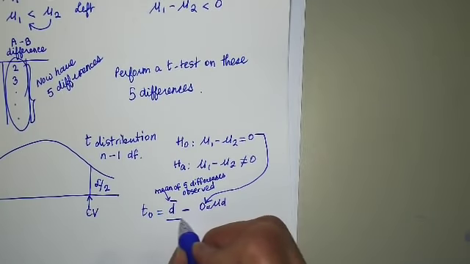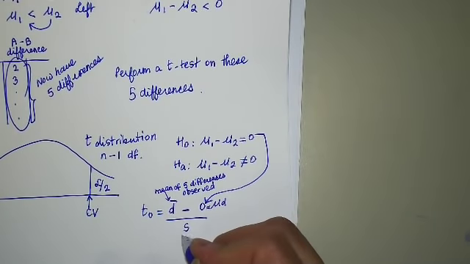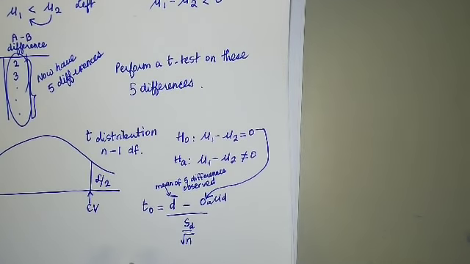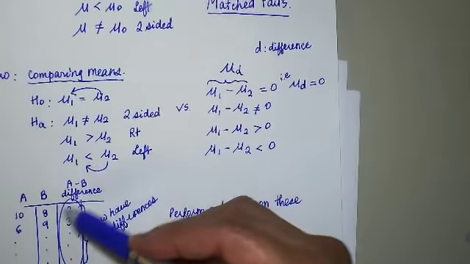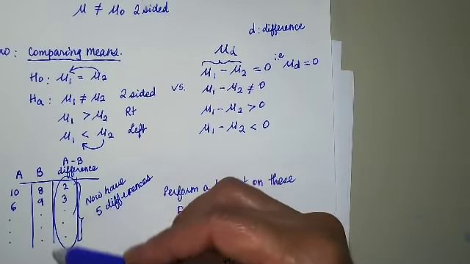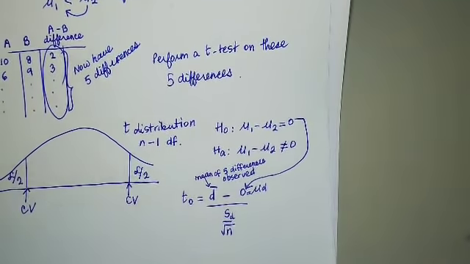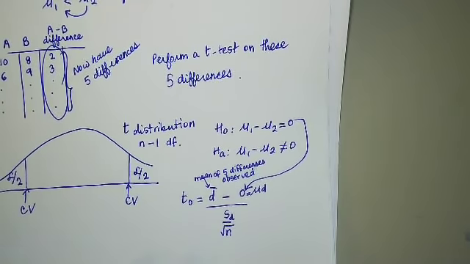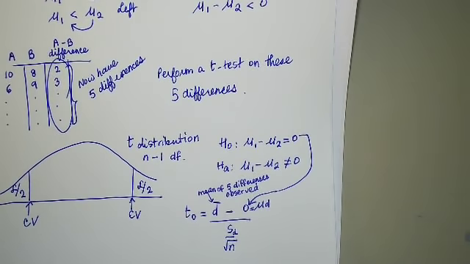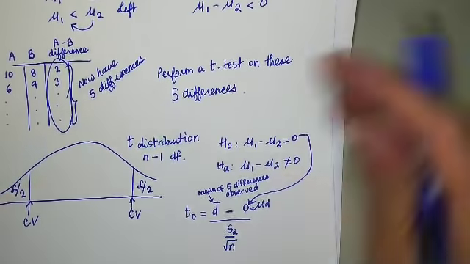D bar minus mu D, which is 0, over SD over square root of n. SD for saying that it's coming from the differences. I promise you this is not a new method. You are just running a t-test on these numbers by sticking these numbers into a list in your calculator and hitting stat, test, t-test.